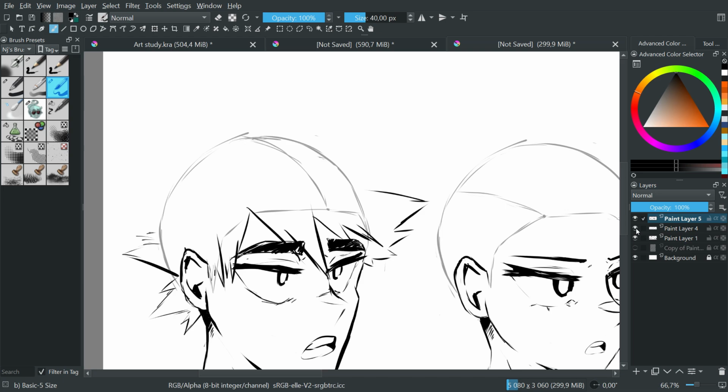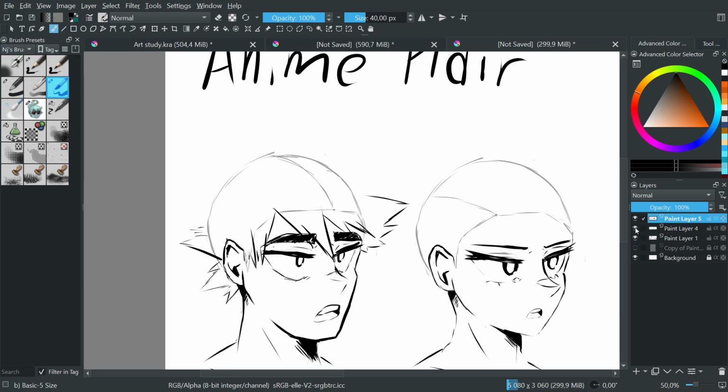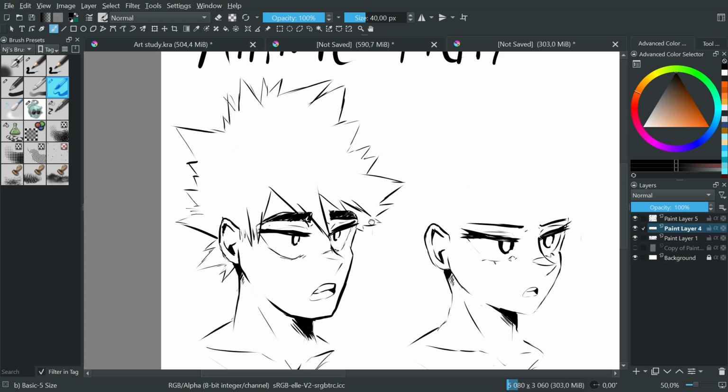Now I'm just going to switch between my guidelines. So now I'm just going to make this like this. Seems okay enough. Make sure to follow this imaginary line, which is your headline. It's not imaginary, since it's there, but it's imaginary since you won't be able to see it after the hair is there. So now you can find faults in your hair.